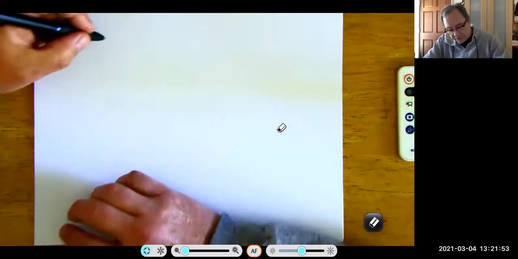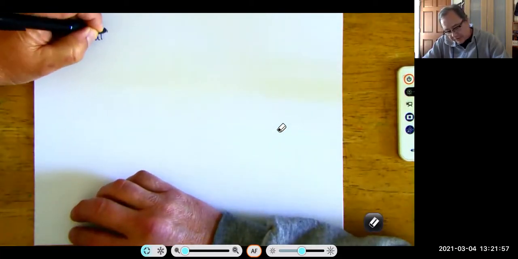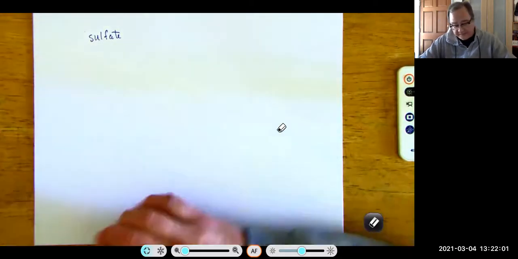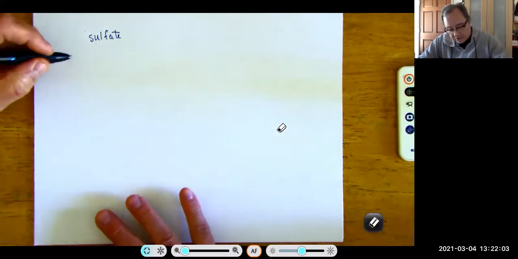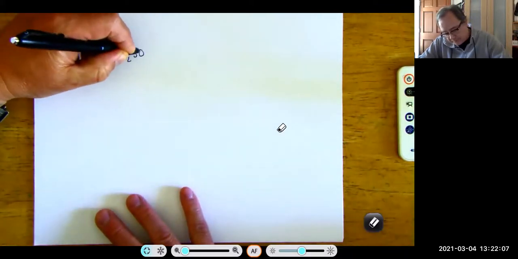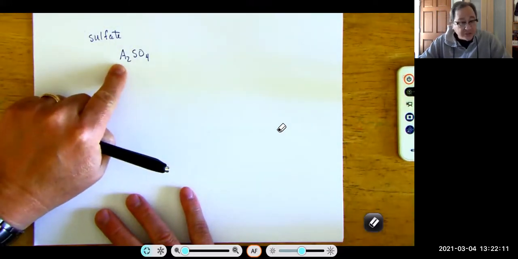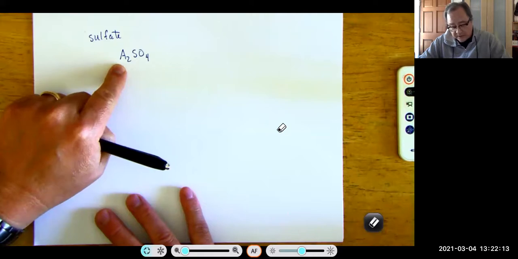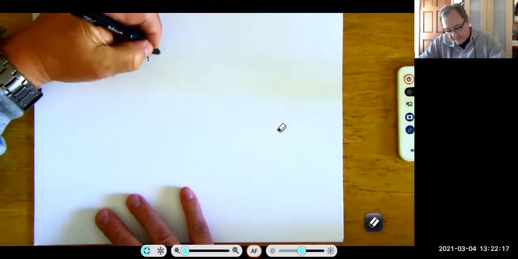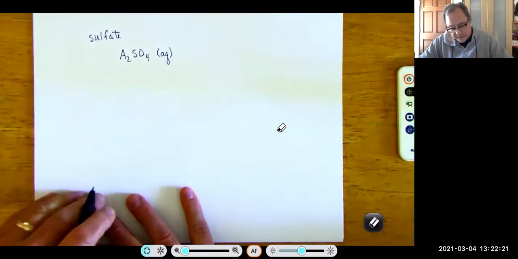So what you do is you take your sulfate. Just like carbonates, sulfate is anything with the sulfate ion in it. So normally you take your sulfate, and you notice that all of those formulas were Na2, Li2, or K2. So here's a sulfate, and you dissolve some of your sulfate in water, and you know the mass.